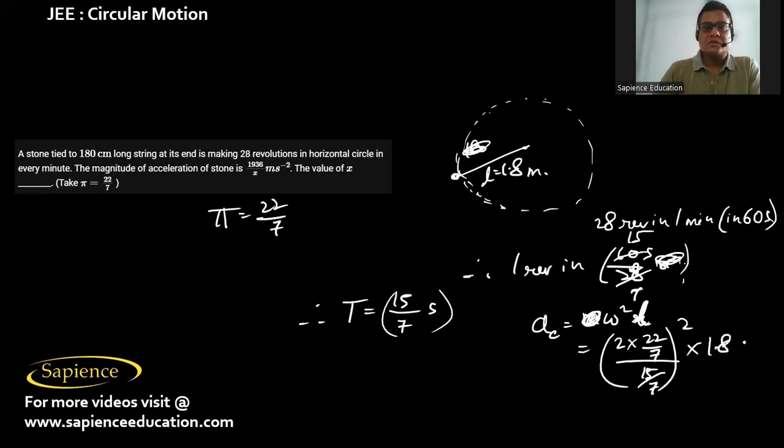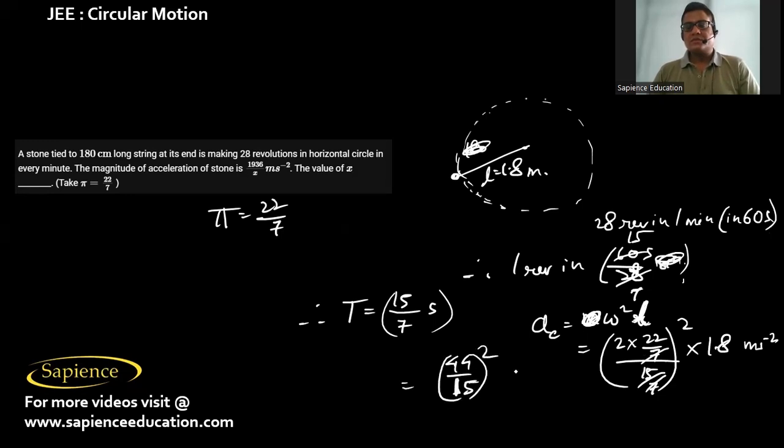So this much we will get in meter per second square. So 7 will cancel out, and this will be 44 by 15 whole square into 1.8 meter per second square.